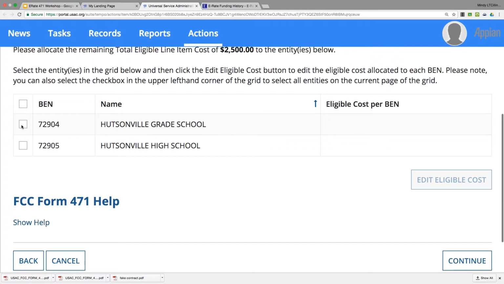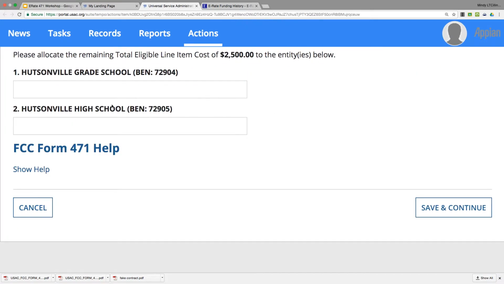So I have to check the boxes in front and edit my eligible cost. I know my total cost is $2,500. So 2 of them are going in the high school. I said they were $250 a piece, so that's $500 of my total, which means the remaining $2,000 will come out. Oops, that's backwards. $2,000 will go in the grade school, $500 in the high school.